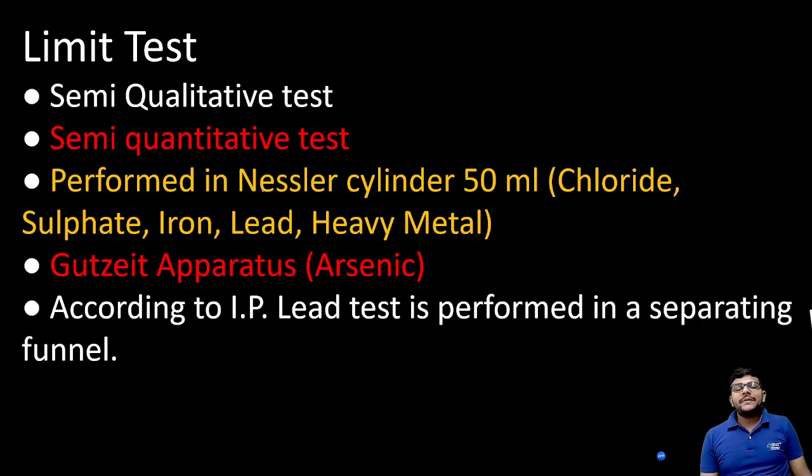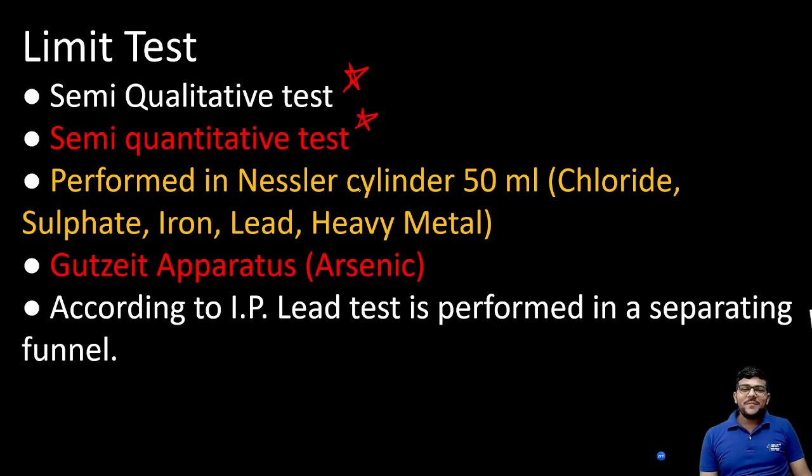We can identify the quality as well as the quantity of that impurity, and we can also identify the group or atom present in a given sample. So our limit test is semi-quantitative and semi-qualitative.